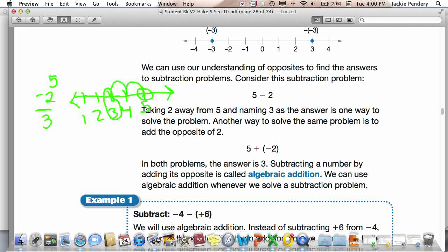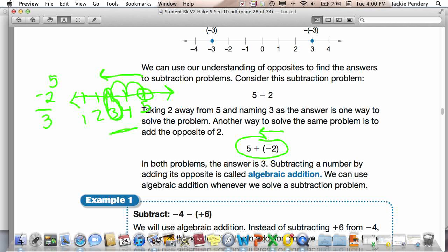Another way to write that is 5 plus -2. Whenever we have a negative, remember, we move to the left on the number line. So 5 plus a negative means we're actually moving to the left. We're taking 2 away from that 5, which is the exact same picture as this right here. 5 plus -2, we move to the left on the number line, and we end up at 3.